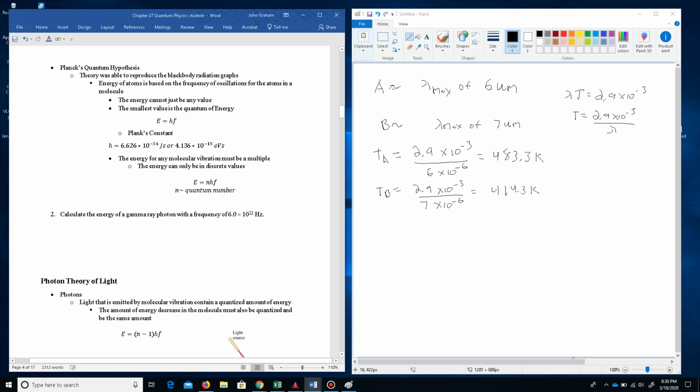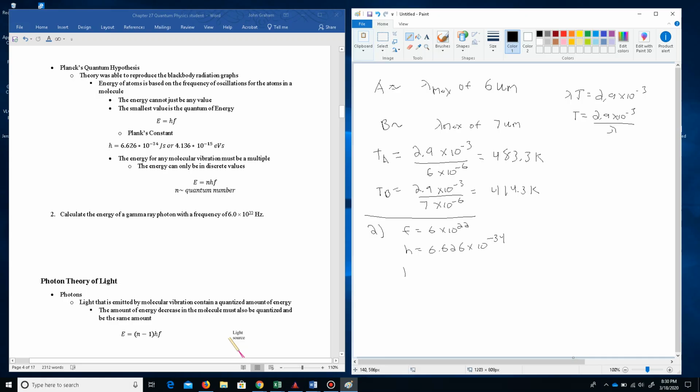Right, so to do this, problem 2, the frequency is 6 times 10 to the 22. h is 6.626 times 10 to the negative 34.